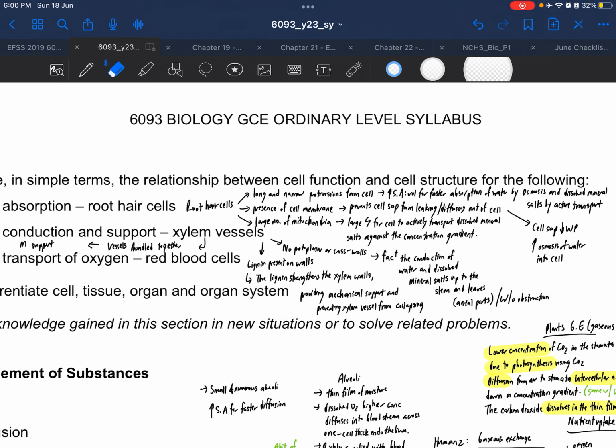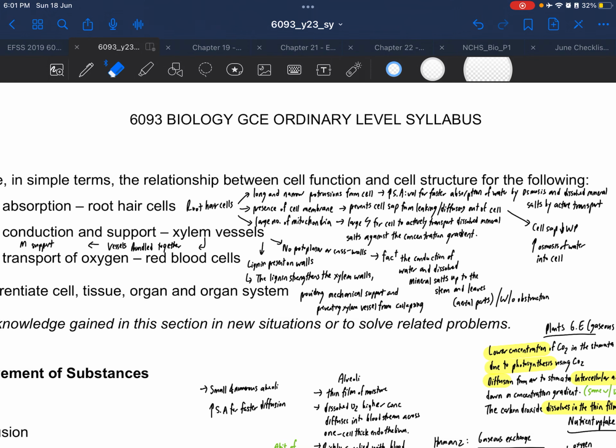The cell sap has a high concentration of mineral ions or dissolved mineral salts like sodium plus and chloride. So this greatly lowers the water potential of the cell sap, so that there'll be a creation of a water potential gradient between the cell sap and the soil solution.